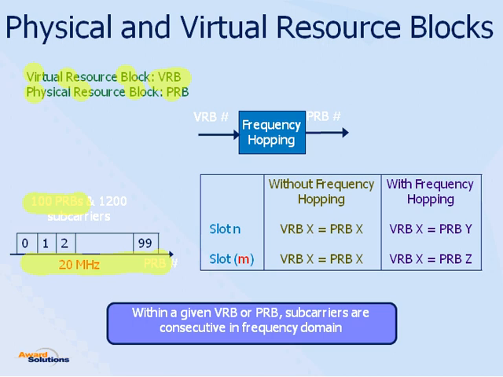And we already know that one resource block has a dozen subcarriers, so we will have basically a total of 1200 subcarriers. The physical blocks are just neighbors of one another. Physical block 0 is next to physical block 1, physical block 1 is next to physical block 2, and so on. Those are basically the contiguous resource blocks.